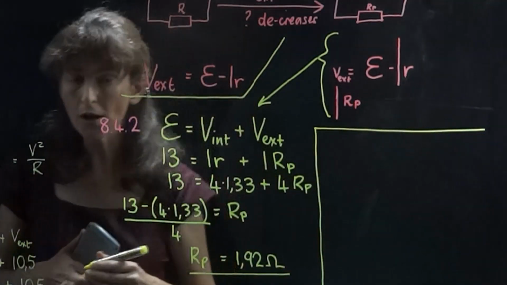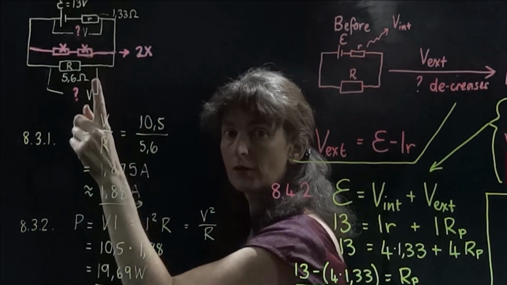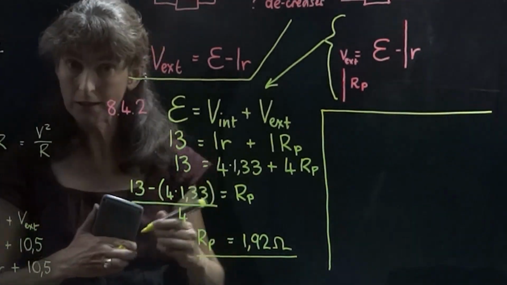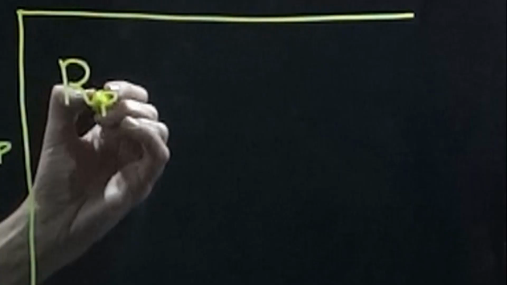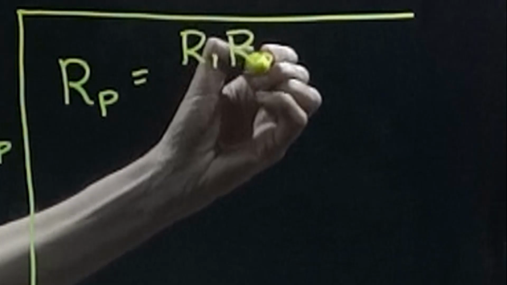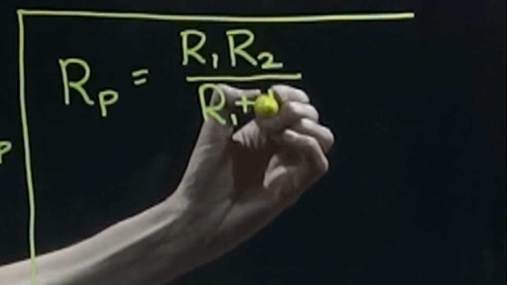And we know that when we have two resistors in parallel, two parallel branches, then we can make use of this equation. The equivalent resistance of the parallel branch is equal to the product of the two branches divided by the sum of the two branches.